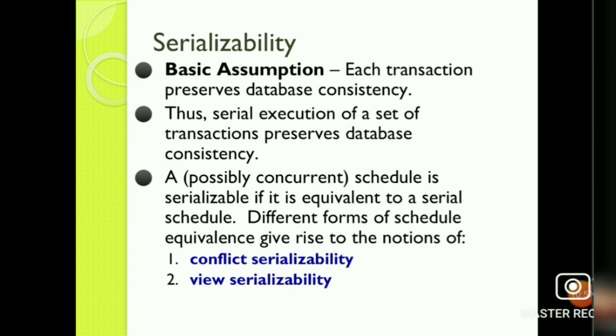Serializability. A schedule is serializable if it is equivalent to a serial schedule. For example, if a non-serial schedule can be converted to a serial schedule, it is called serializable. The two different forms of serializability are conflict serializability and view serializability.